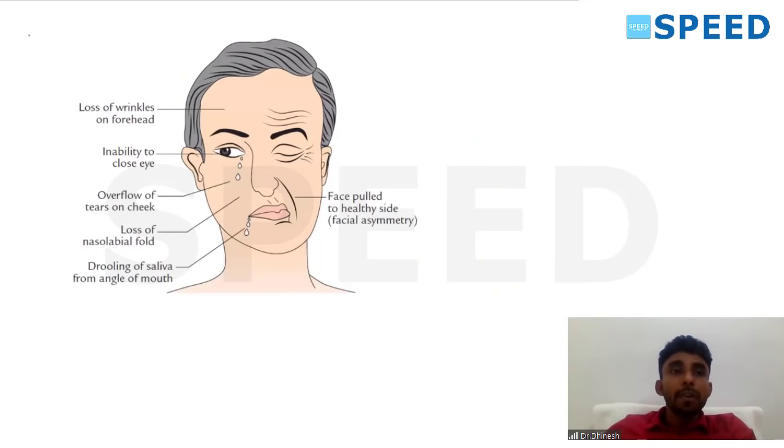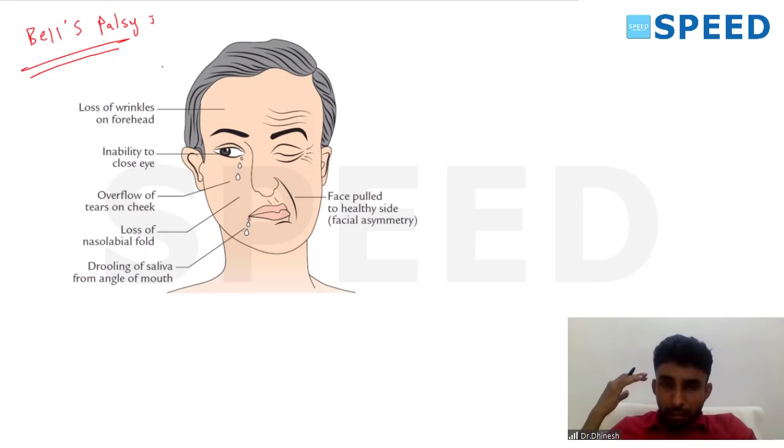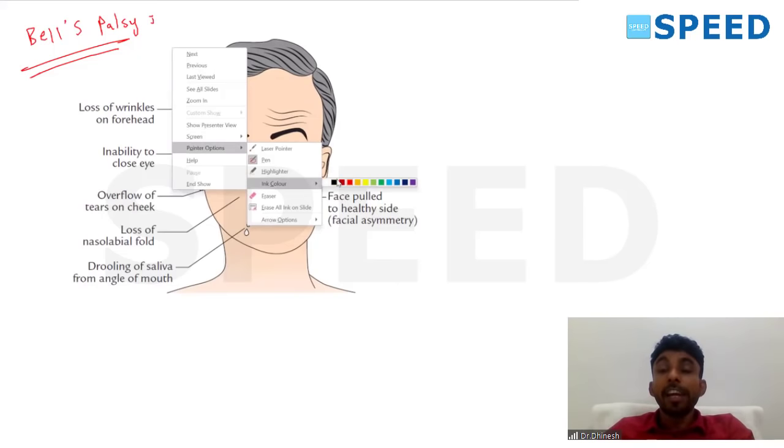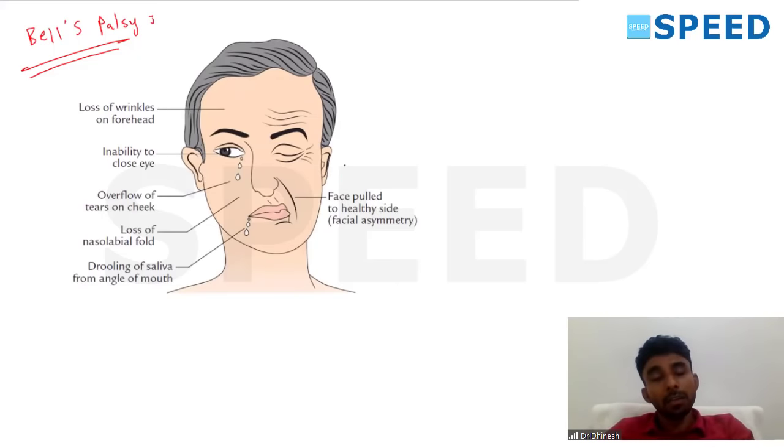So this is the diagram showing the clinical features of Bell's palsy, which is due to facial nerve injury, seventh nerve injury. In Bell's palsy, all the muscles of facial expression will undergo paralysis, isn't it?